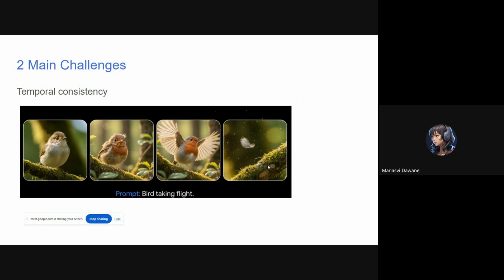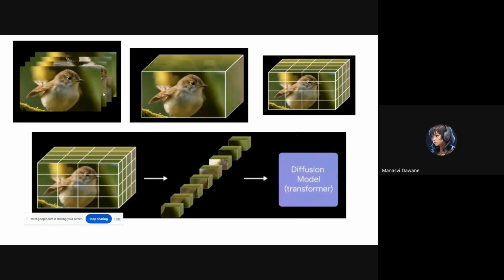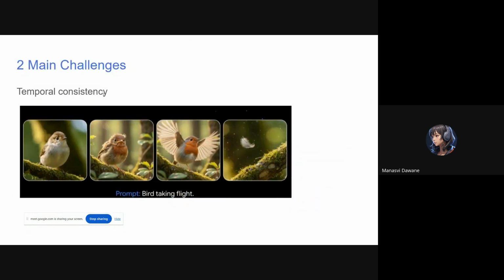Whenever something comes out of the video generation model, we don't just care about each image individually looking good, but it should also make sense. So a model always needs a way of understanding how earlier frames looked and what impact they had on each other in order to generate a consistent image. Temporal consistency means motion and movement. That's one of the main challenges.